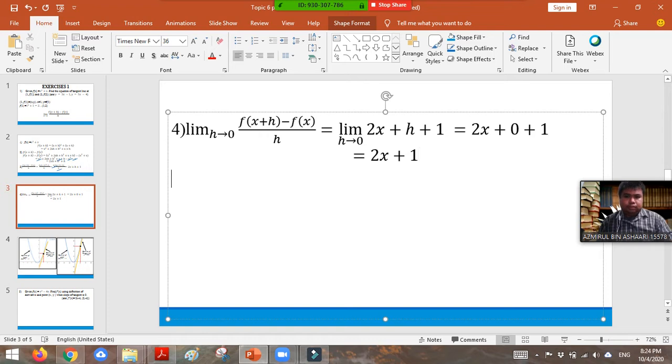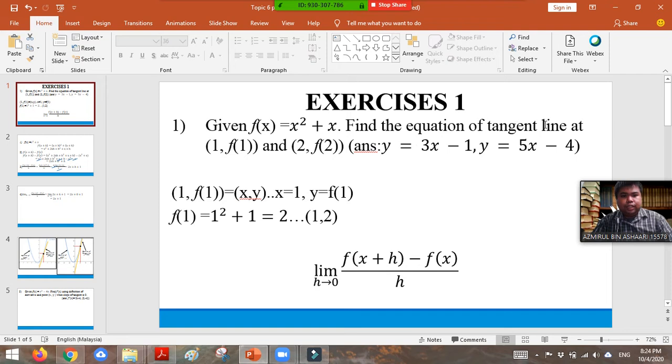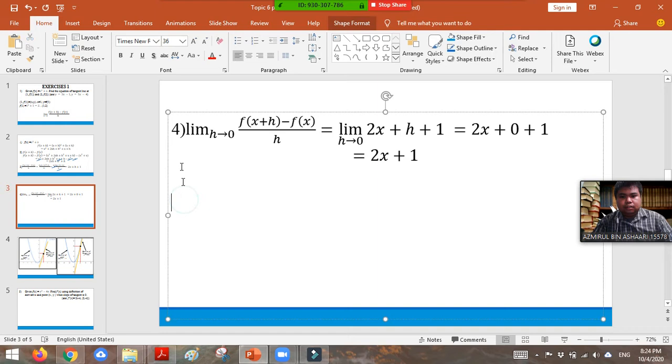Next, in this case, we want to find the equation of the tangent line, and we also get the point which is (1, 2). Okay, using this one that we get, we want to find what is the gradient of the tangent when x is 1, f(1) is equal to (1, 2). So x is equal to 1.